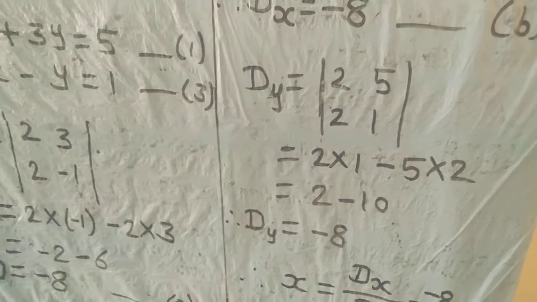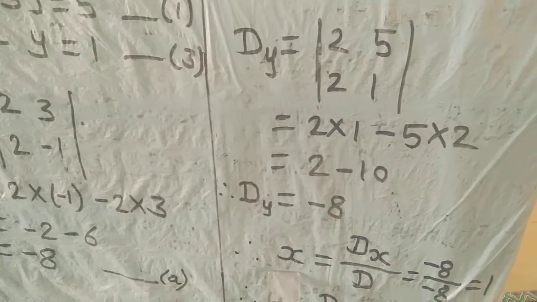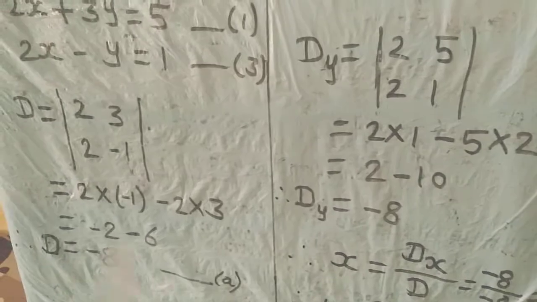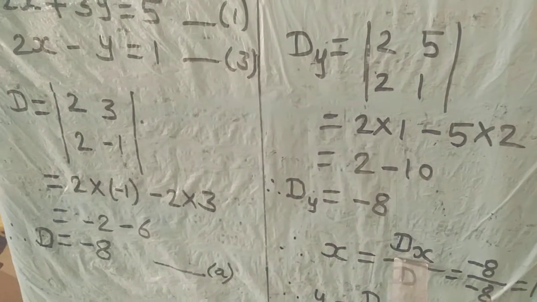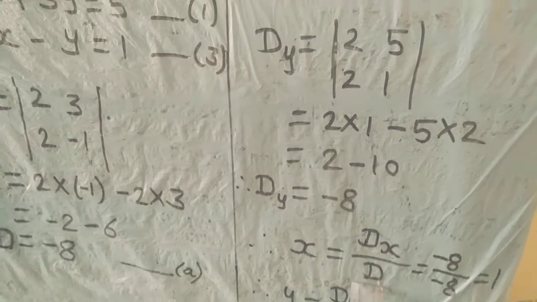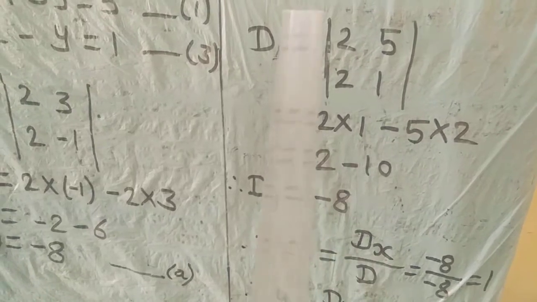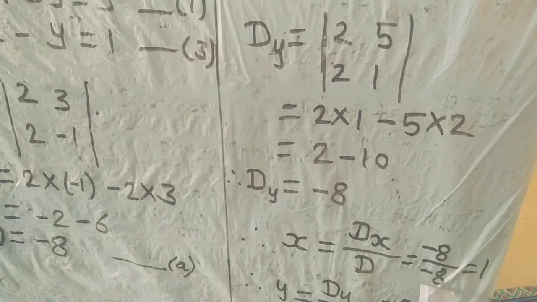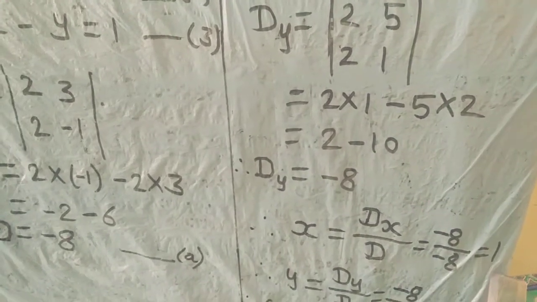Now to find x, we have to take the ratio of dx and d. Value of dx is minus 8 and value of d is minus 8. So minus 8 upon minus 8 gives us 1.